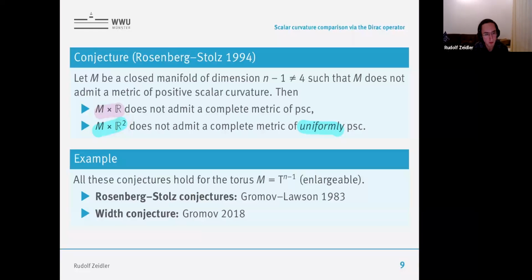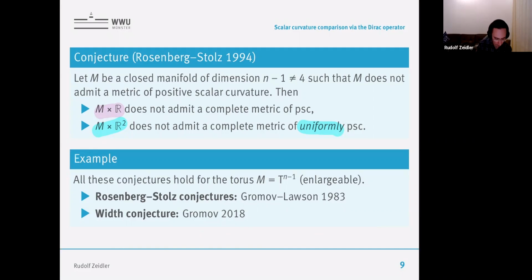R2 itself, if you look at the graph of a paraboloid, admits a metric of positive scalar curvature, but not of uniformly positive scalar curvature. For that reason, the conjecture here is only that you don't have uniformly positive scalar curvature.